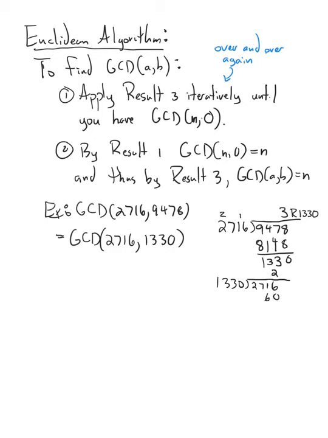We subtract 6. We borrow 5, and that's it. So we get a remainder of 56. And you can see this problem gets even smaller. What do we have? That's going to be 1,330 and 56.